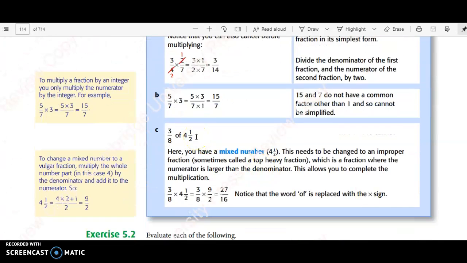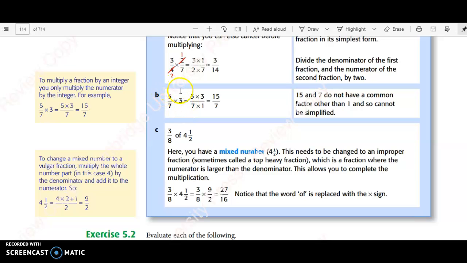How if you multiply a fraction by a whole number? So the whole number should be represented into the fraction by denominator 1. So 5 out of 7 times 3 out of 1. 3 means 3 out of 1. So every whole number has denominator 1.